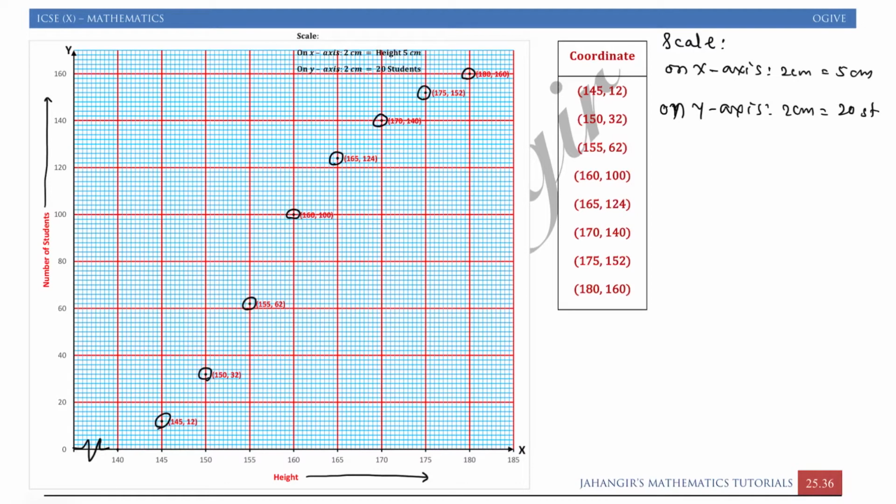Okay. Now we will join. This is the smooth curve.